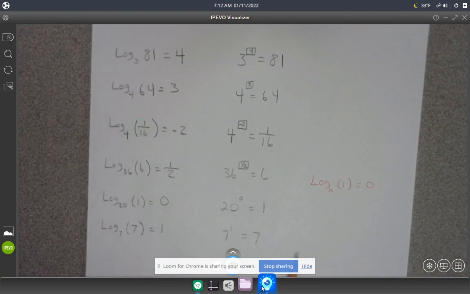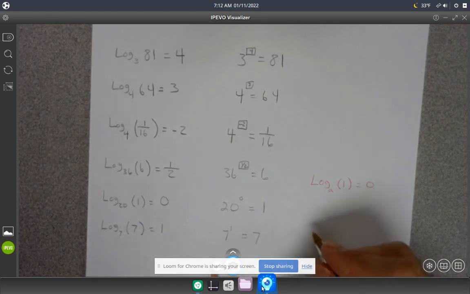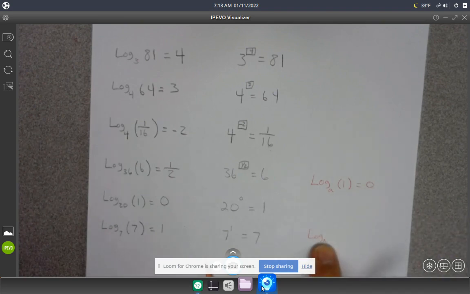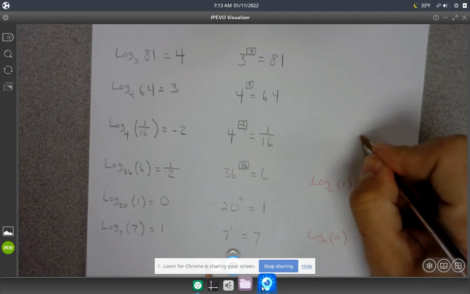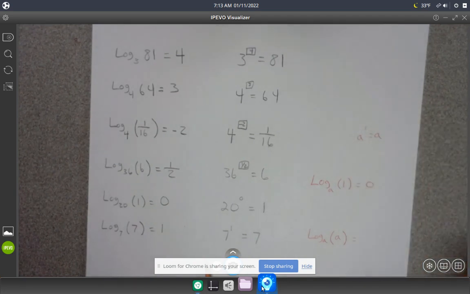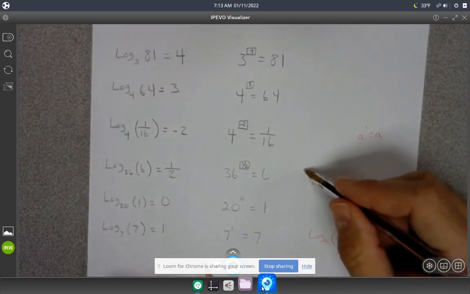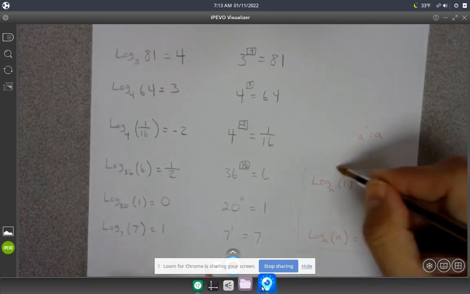Again, that works for all bases, because if you take anything and raise it to the first power, you get that same anything. If I say a to the first power, I get a, and that translates to a logarithm statement. So log base anything of the same anything is always equal to 1. These two are definitely worth having.